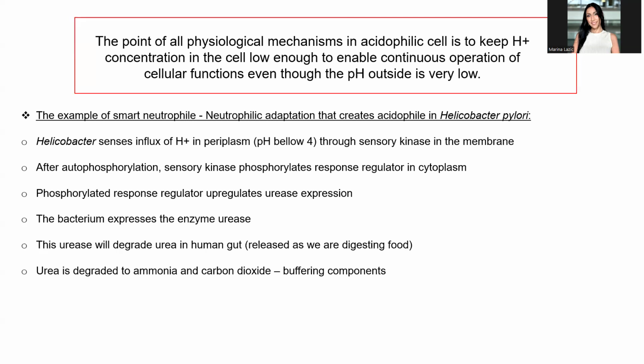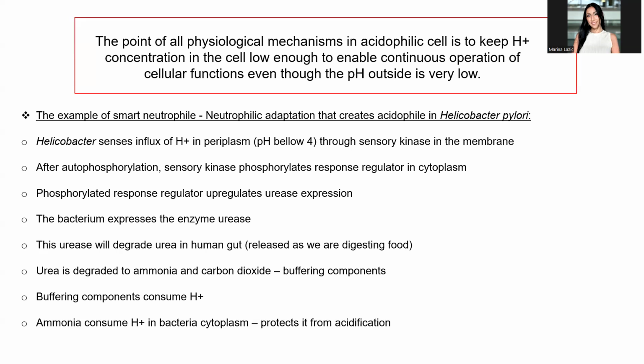When urease degrades urea to ammonia and carbon dioxide, these buffering compounds will consume protons, and it will happen in the cytoplasm, which means Helicobacter will now maintain its own neutral pH and it will be able to survive. So again, Helicobacter is not an acidophile, but it learned how to live in our gut through transcription of urease and buffering its own components.